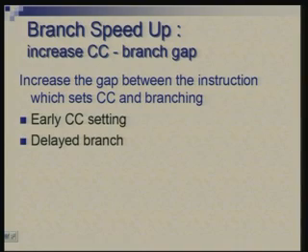Okay. Now, another way of speeding up is to increase the gap between condition code evaluation and actual branching. So, now imagine that you were having separate instructions to evaluate the condition, and the branch instruction were only looking at some flags. Okay. So, a flag can be easily looked at in a cycle as soon as you have the instruction. So, what can be done is that you can increase the gap between the instruction which is actually setting the condition code, and the instruction which is testing, right.